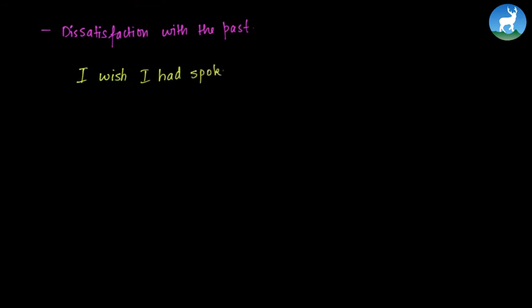Also, past perfect tense is used to state that you are unhappy with something that had happened in the past, or you're dissatisfied with something that has occurred in the past. For example, I wish I had spoken softly.